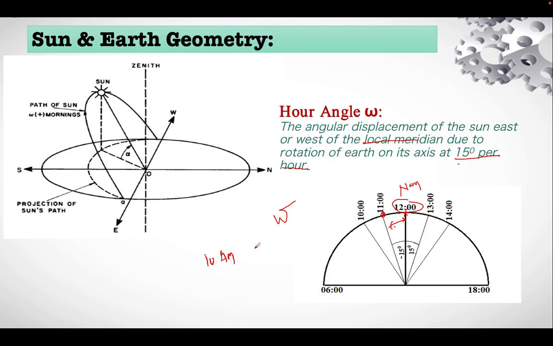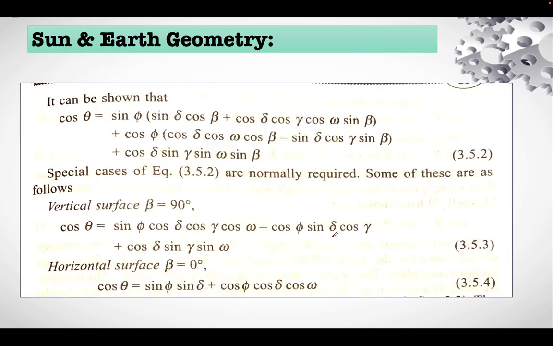The angle between 10 a.m. and 12 noon is known as the hour angle. There are 2 hours, so 2 hours into 15 degrees. 1 hour consists of 15 degrees, so 2 hours consist of a total of 30 degrees. That is the hour angle.